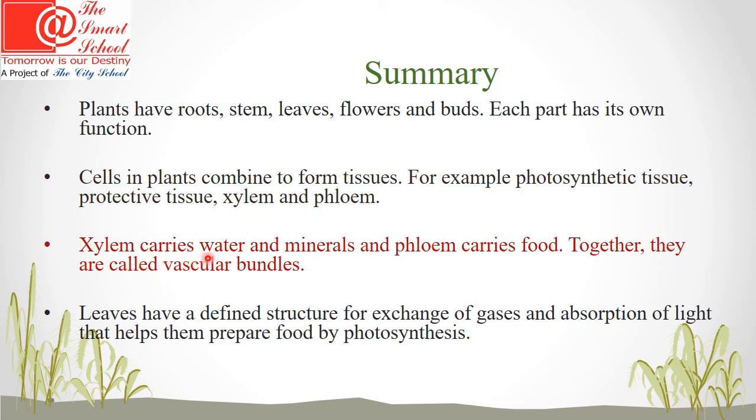Xylem carries water and minerals, and phloem carries food. Together, they are called vascular bundles. Leaves have a defined structure for exchange of gases and absorption of light that helps them prepare food by photosynthesis.